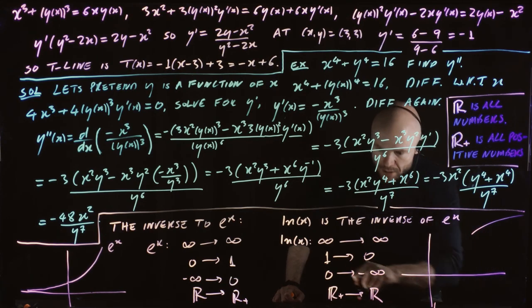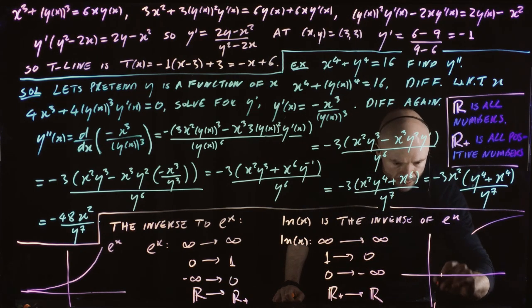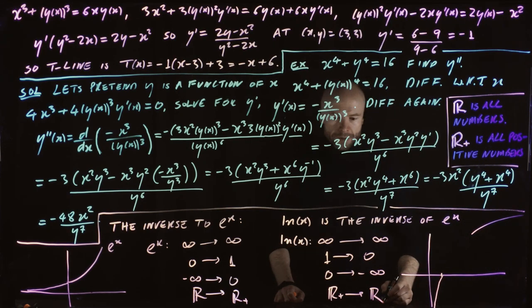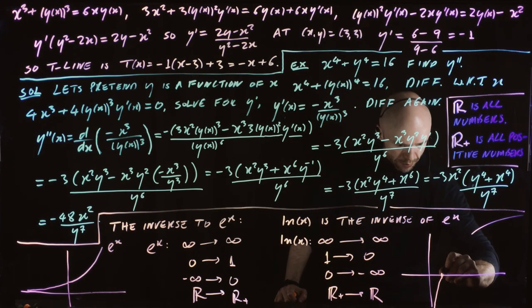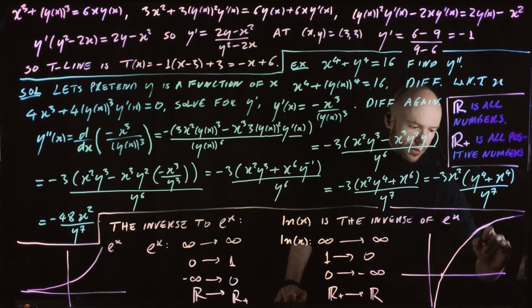At 1, it's 0, so it's crossing like this. Let's put these pieces together. It's doing something like this. So this is the graph of log.